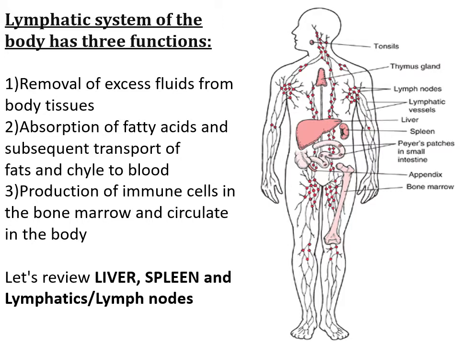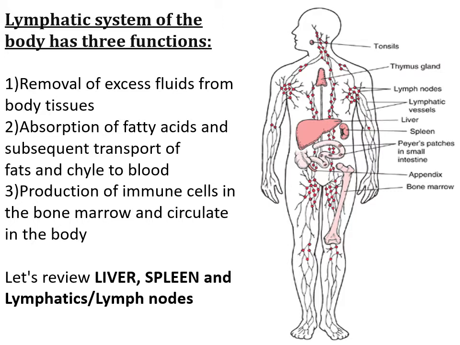Okay? We can also consider the liver as a lymphatic organ. It definitely has other functions. It has a whole bunch of metabolic functions, but it has a lymphatic role as well. Okay? The spleen we'll talk about as part of the lymphatic system.